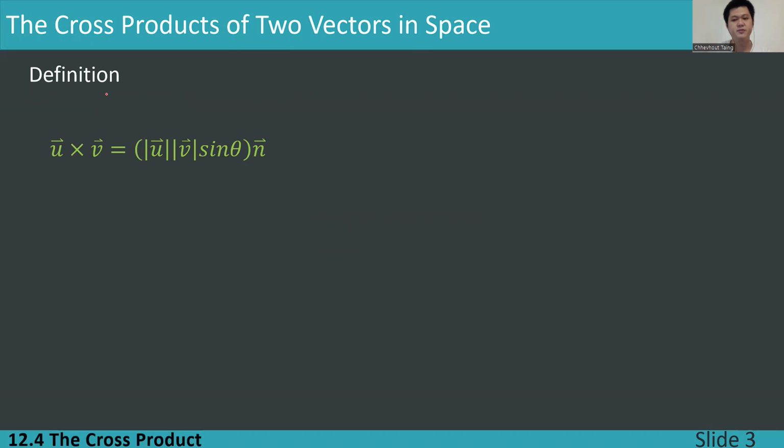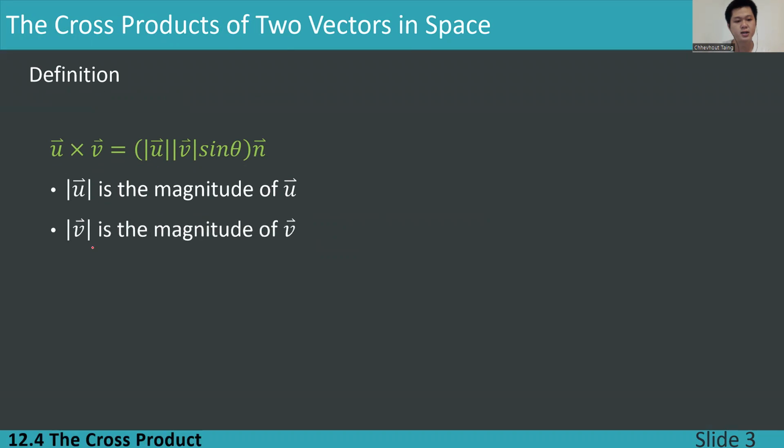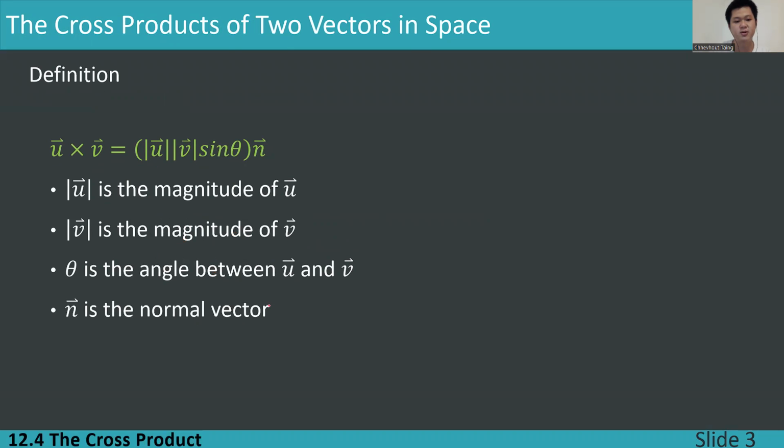By definition, if you have two vectors, for example vector u and vector v, and you cross them, you would get the magnitude of u times the magnitude of v times sine theta, where theta is the angle between vector u and vector v, and n, which is the normal vector, the vector that is orthogonal or perpendicular to both vector u and vector v.